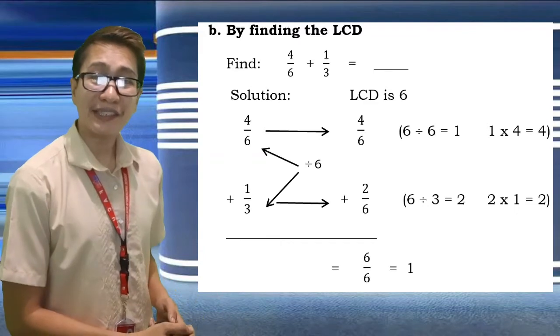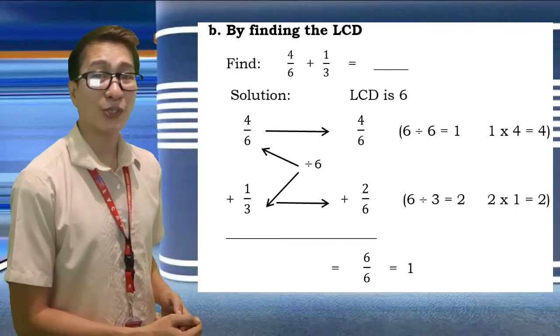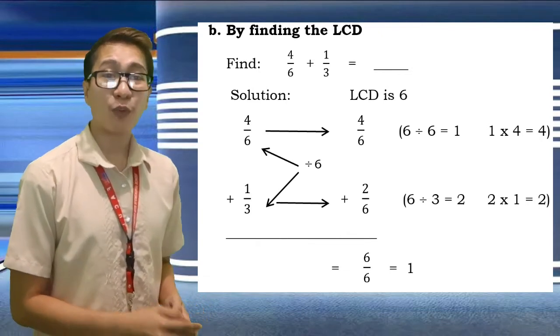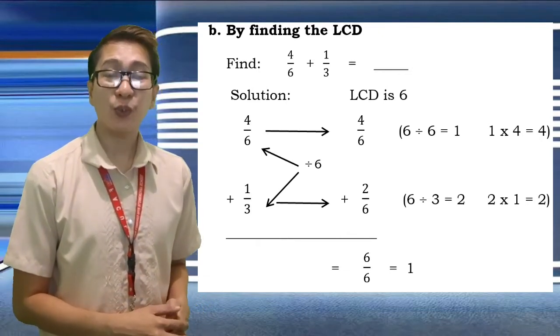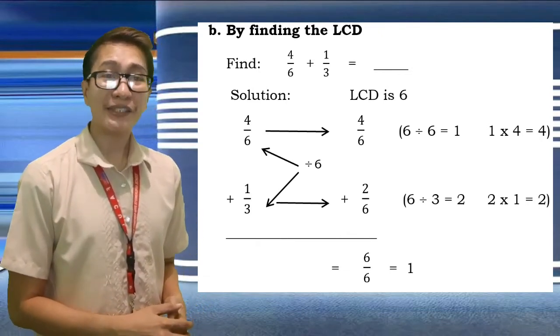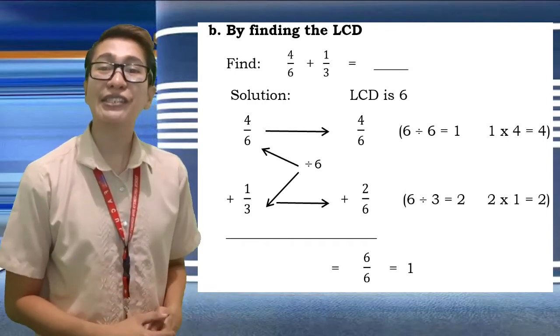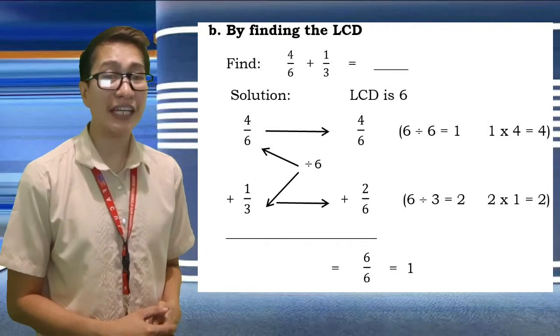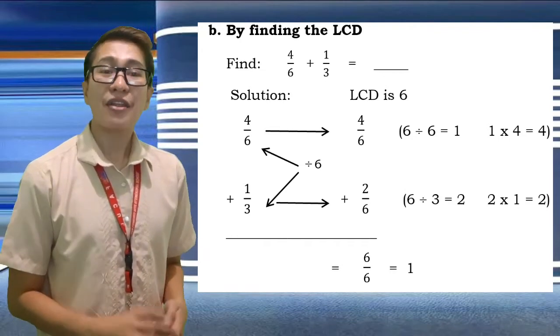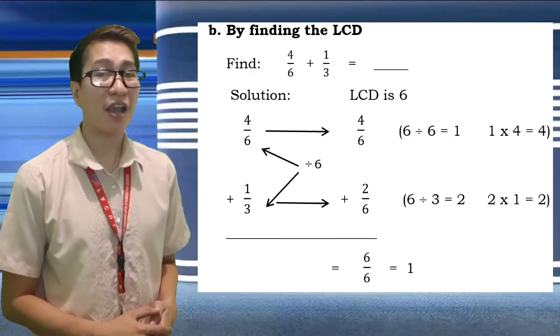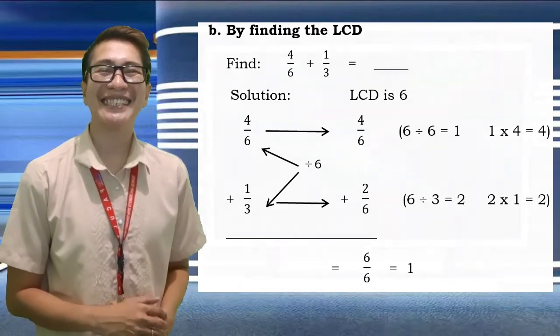And 6 divided by 3 is equal to 2, and 2 times 1 is equal to 2. Therefore, 1/3 will become 2 over 6. So let's add 4/6 plus 2/6 will give us 6 over 6 or equals to 1. Therefore, there were 6 parts of the cake or the whole part of the cake was shared by Sally.